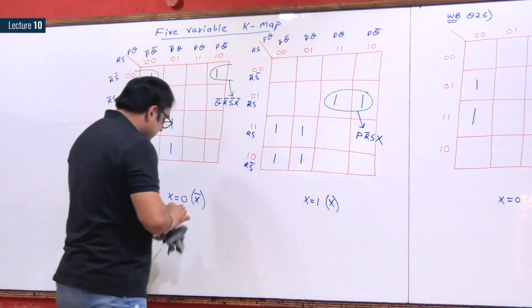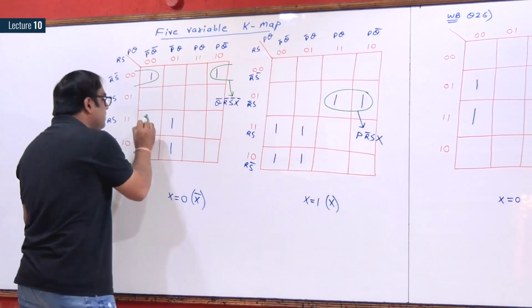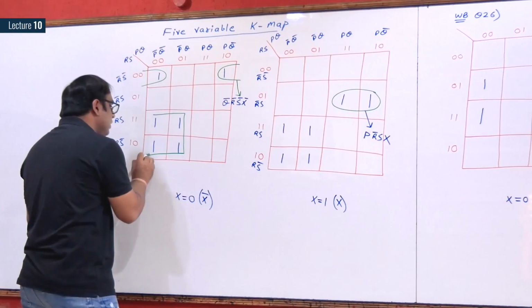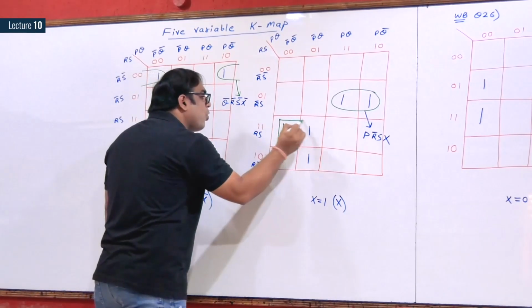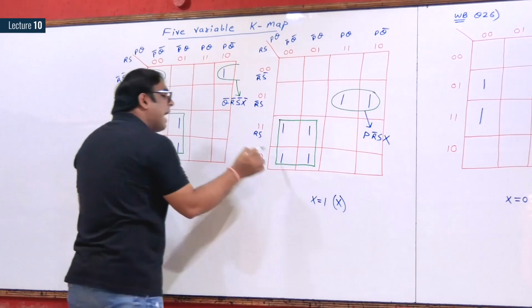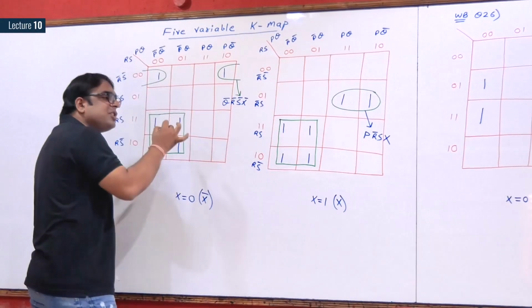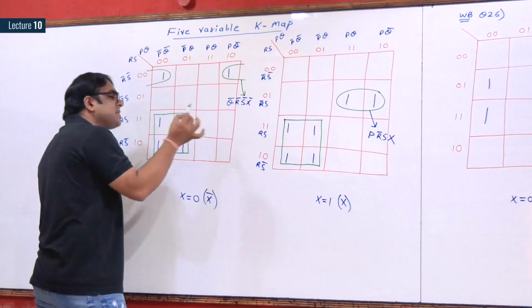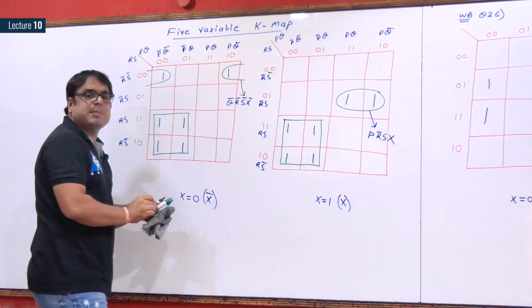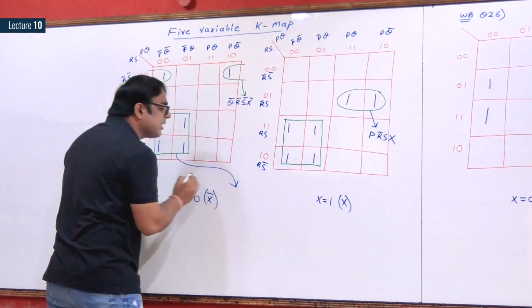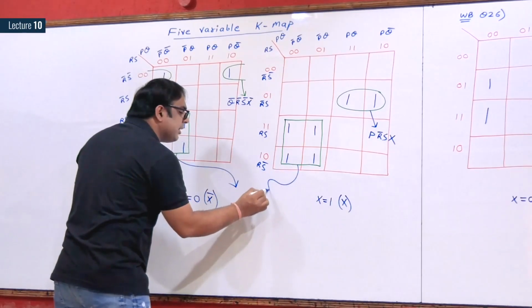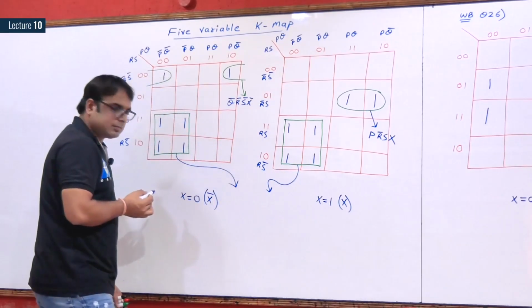Now come to this quad. This quad is present in both K-maps, in exactly the same position. So one term will come from here, another term will come from here.